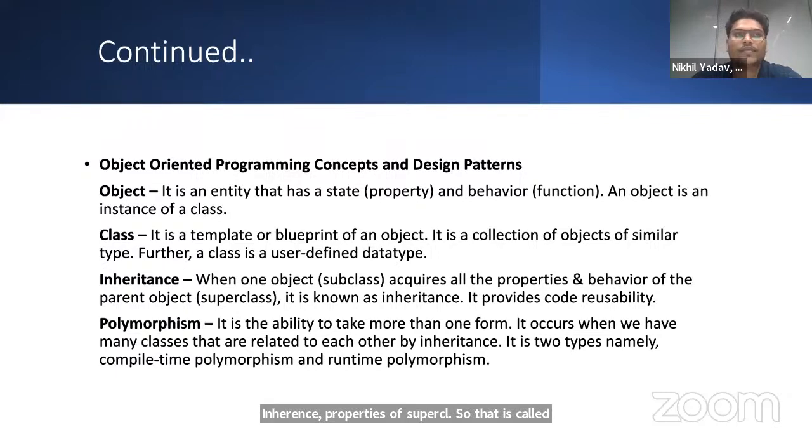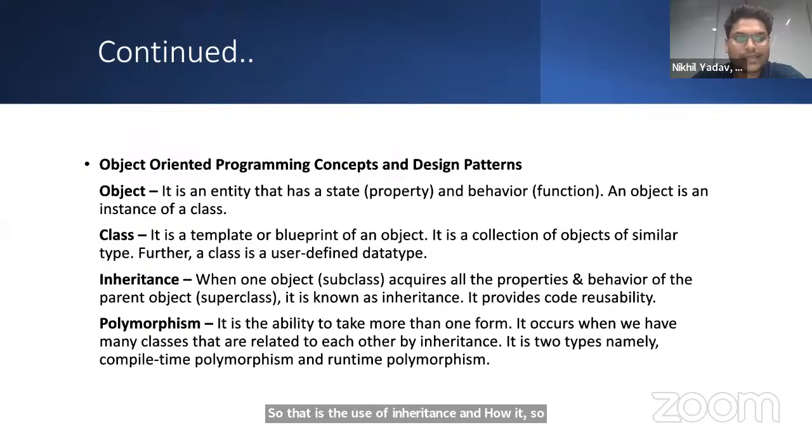If we define a superclass as Animal, what can be the properties of an animal? An animal should have four legs, two eyes. If we create a subclass like Cat, then Cat inherits all the properties of the Animal superclass. That is the use of inheritance and how it is used.